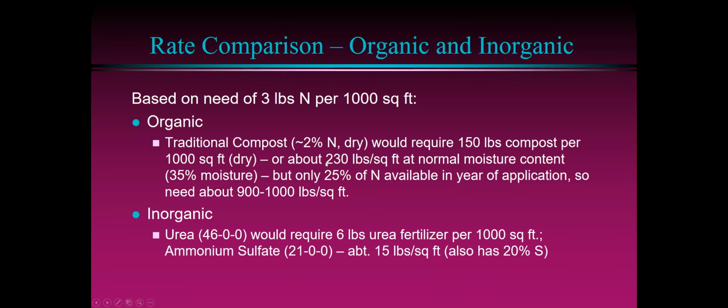But then we also mentioned that it has to break down in order to release that. And so only about a quarter of it is available in the first year of application, which means we multiply 230 pounds times 4, giving us somewhere between 900 to 1,000 pounds of compost at normal moisture contents that would be needed to incorporate to supply the 3 pounds of nitrogen that a vegetable garden might need.